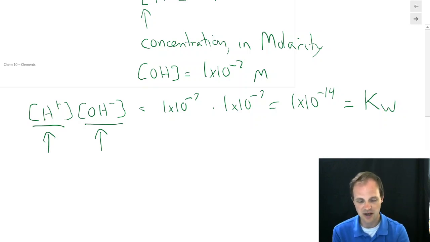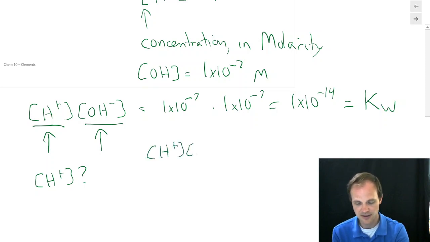So if I wanted to solve this and I said, oh, what's my H plus concentration in a solution, if somebody told me the OH minus, then I just divide this equation, both sides. Let me write it here, H plus times OH minus equals Kw. And then I divide both sides by OH minus to get my H plus all by itself.